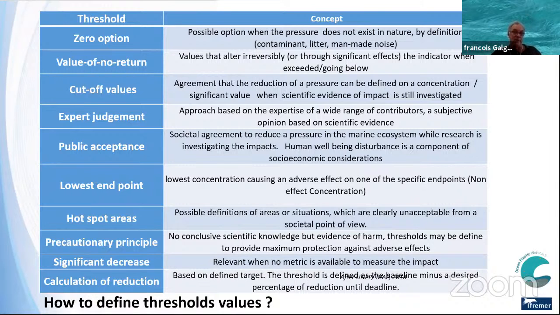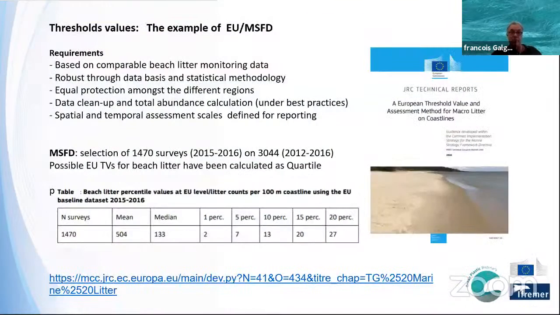So you see the list of strategies to define the threshold. It's really complicated because it will depend on the compartment, on the indicator, on the means you have, and on the policymakers. So it's really, really complicated to harmonize and to find a common threshold.